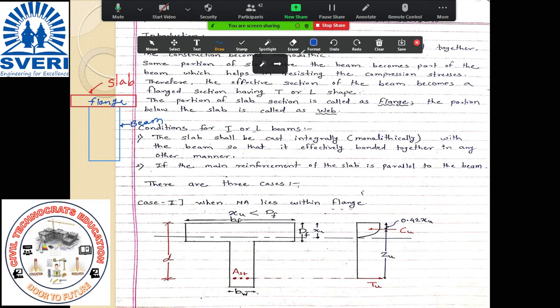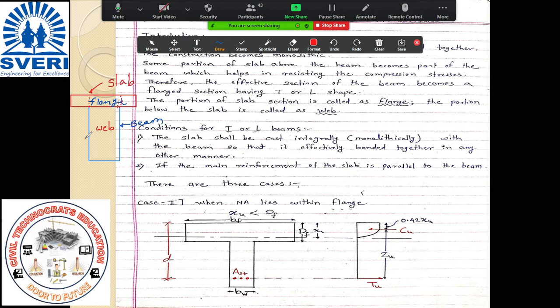Remember, this whole rectangular section will act as a web and this remaining section will act as a flange. So the beam will act as a web and the slab is acting as a flange. This type of action gets generated, so this is called T action.